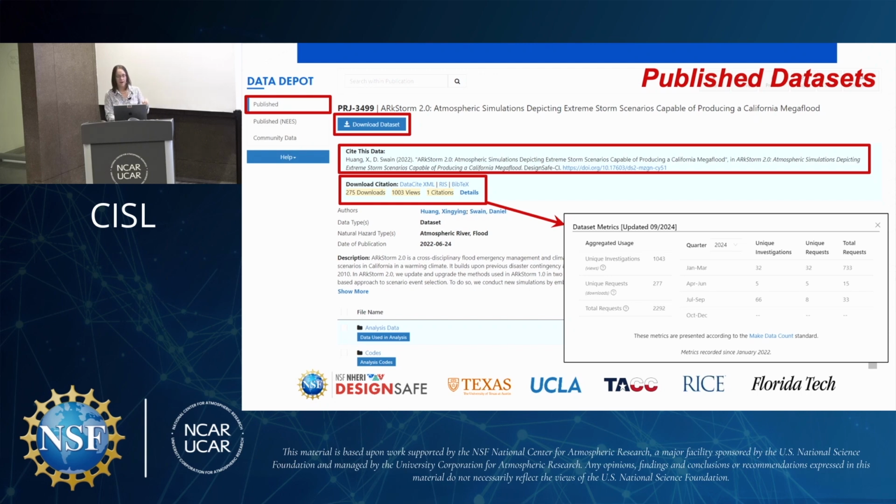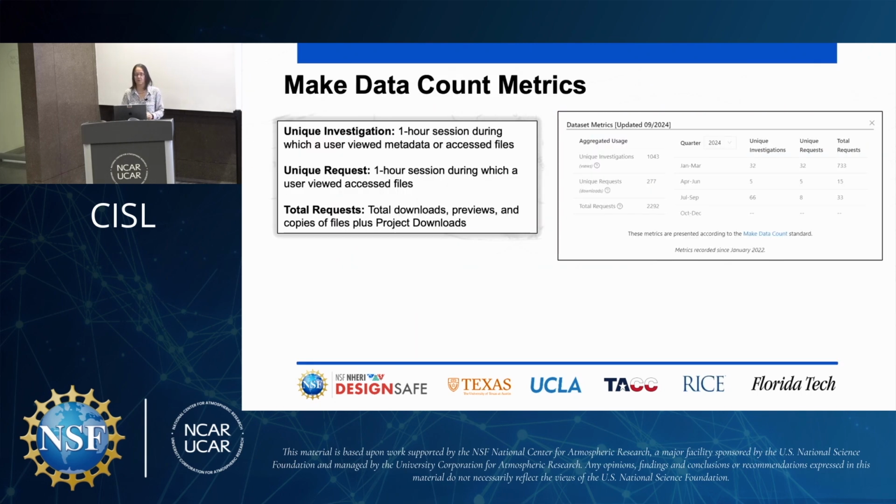So fortunately, we have this organization called Make Data Count that we've been working with, and they've come up with these 3 different metrics. Unique investigations, which is a 1-hour session during which a user either viewed the metadata or accessed the files. So basically poking around on that site. Unique requests is a 1-hour session during which a user actually accessed the files.